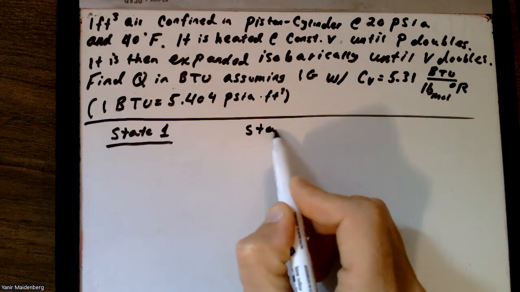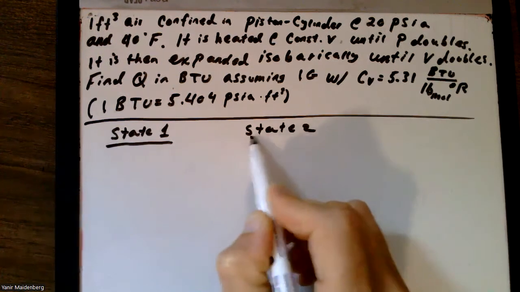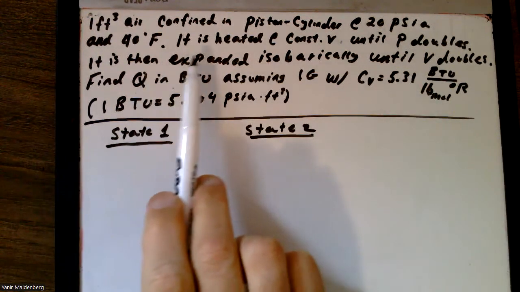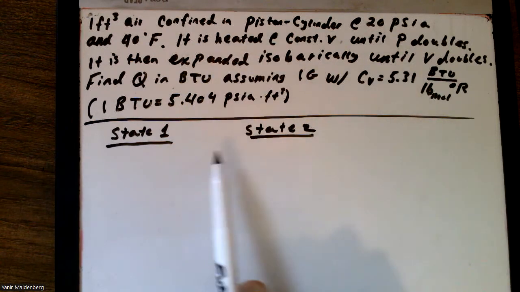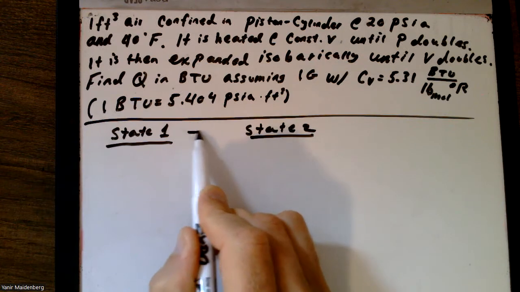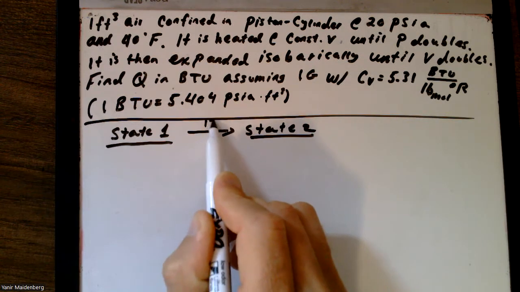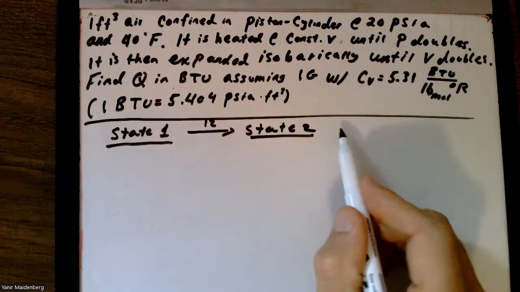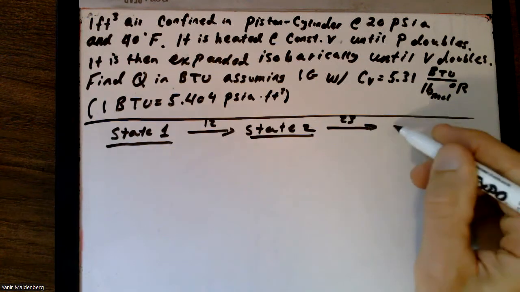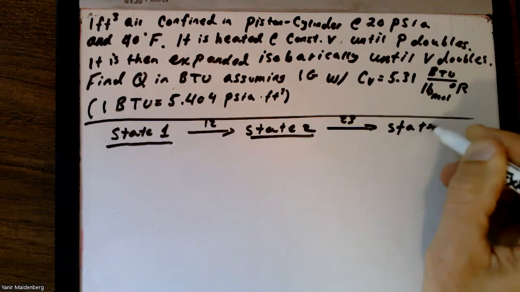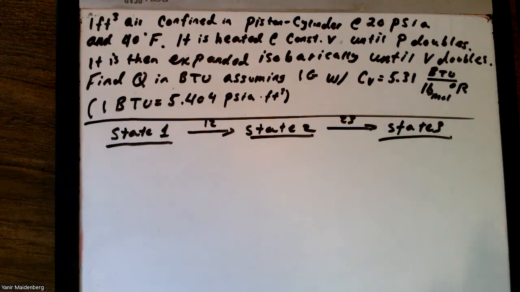Then we're going to get to state number two, and we get there by constant volume heating, the pressure doubling. That's the first process. We're going to call this process 1 to 2. Then we're going to go from state 2 to state 3 using process 2 to 3. So let's see what we have.